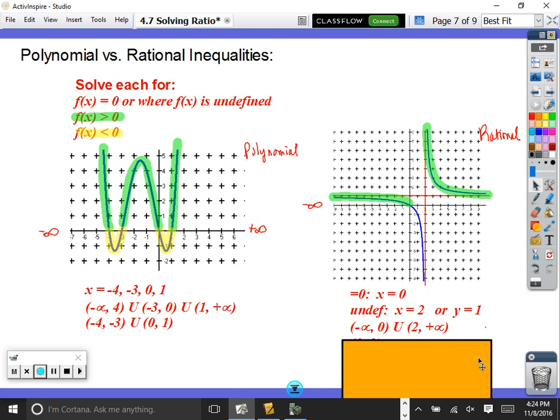Now notice the asymptote is at 2, and by putting a parenthesis, we definitely know it is not 2, but beyond 2. If it were equal, this would be a bracket at 0 because I am equal there, but it would be an open parenthesis at 2 because I never actually get to 2, but I am beyond it.